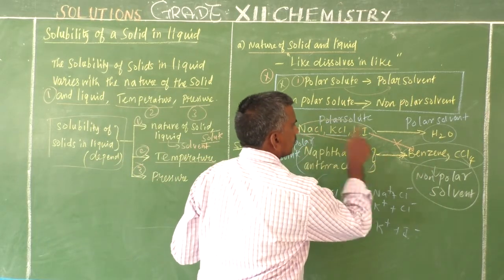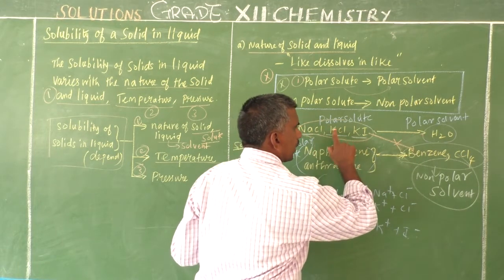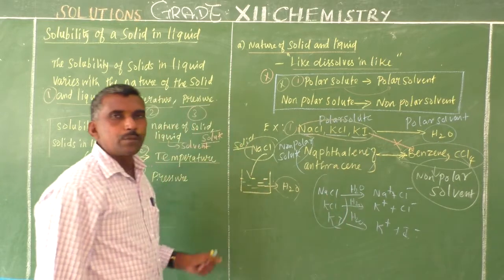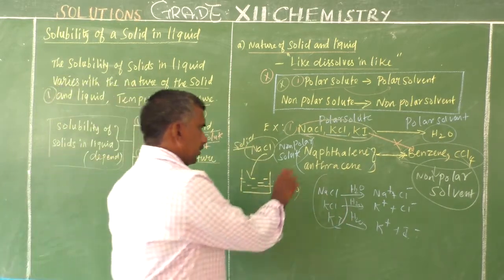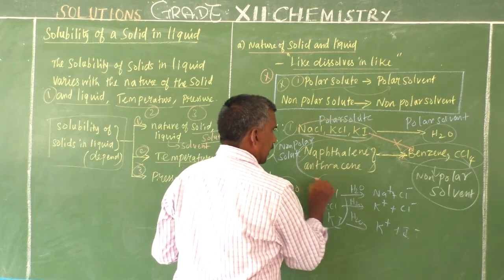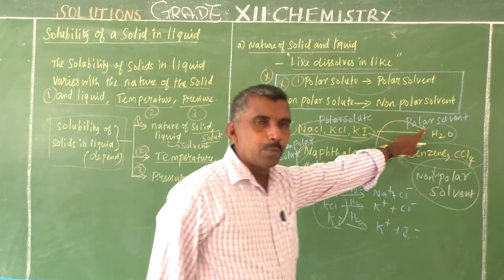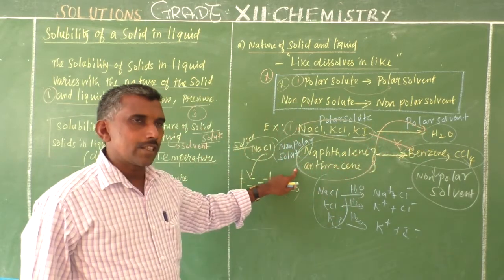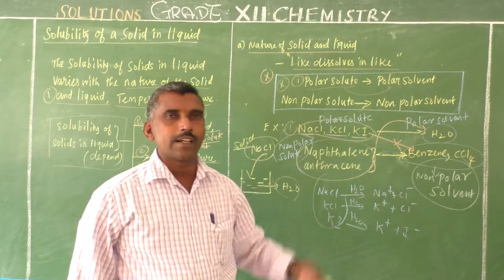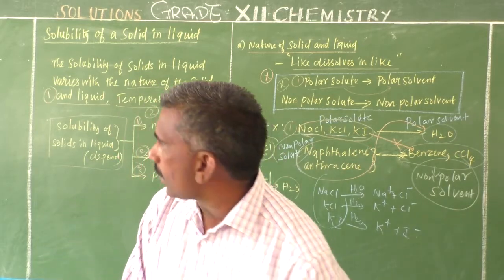Polar solutes dissolve only in polar solvents. Similarly, naphthalene and anthracene cannot dissolve in water because water is a polar solvent and they are non-polar solutes. Like dissolves like.